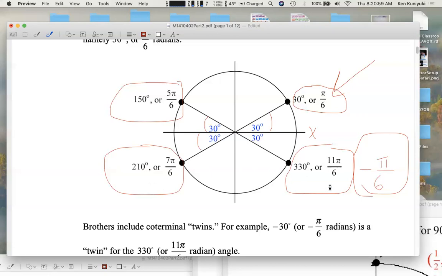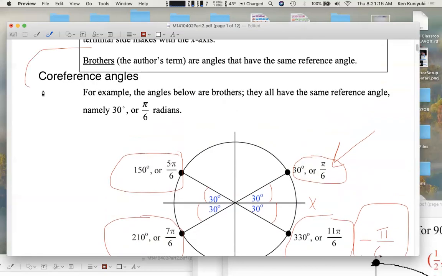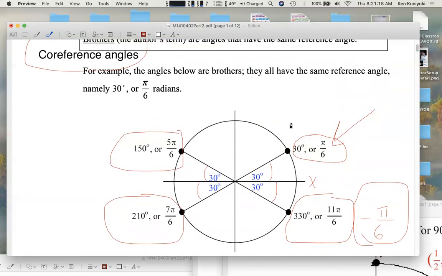Over here, for both 11 pi/6 and negative pi/6, we have the same reference angle, 30 degrees, or pi/6 radians, between the terminal side and the x-axis. Again, I refer to these angles, all 5 of these, as brothers or co-reference angles.